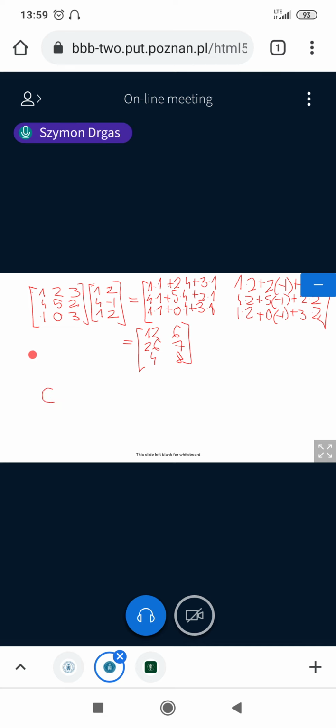And we can write this rule of matrix-matrix multiplication. So let's say that we want to multiply matrix A, which is m times k. And the second matrix will be k times n, so k rows, n columns.